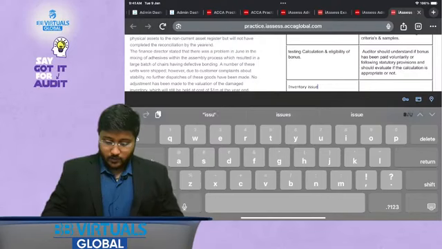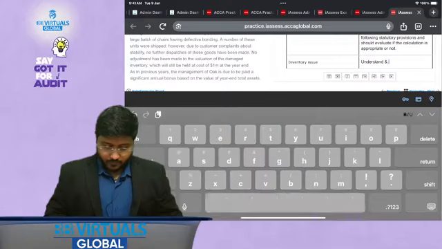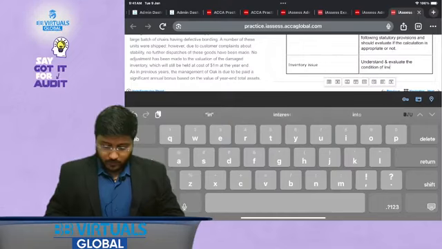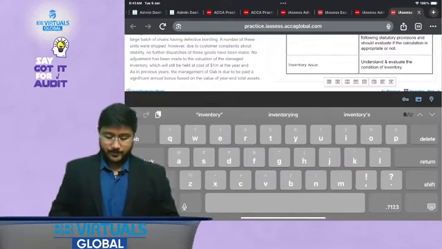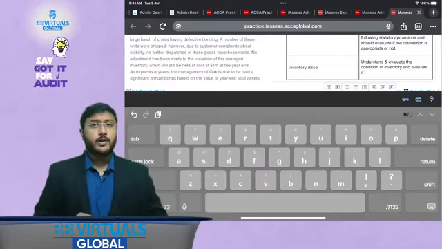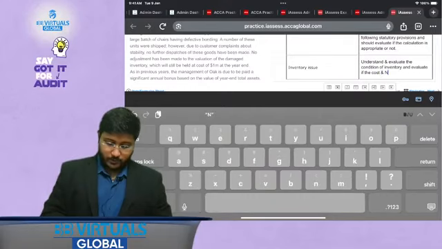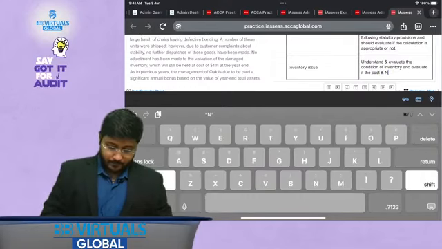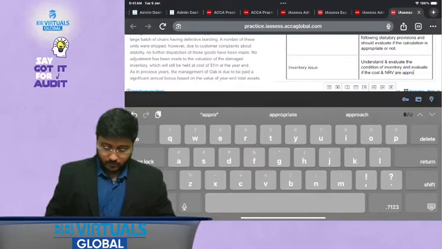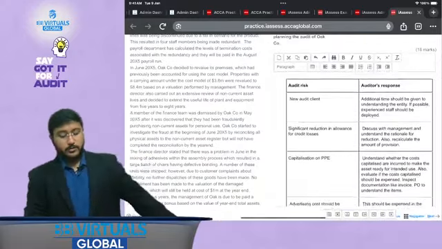Okay, so understand and evaluate the condition of inventory and evaluate if the cost and NRV are appropriate or not.